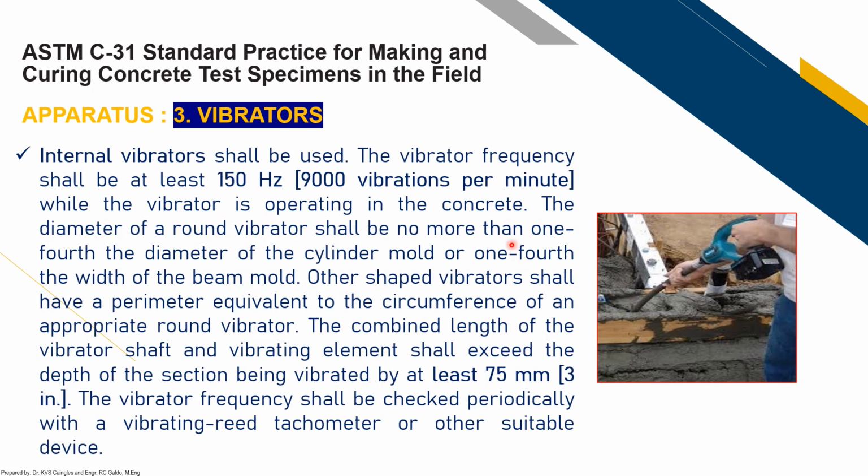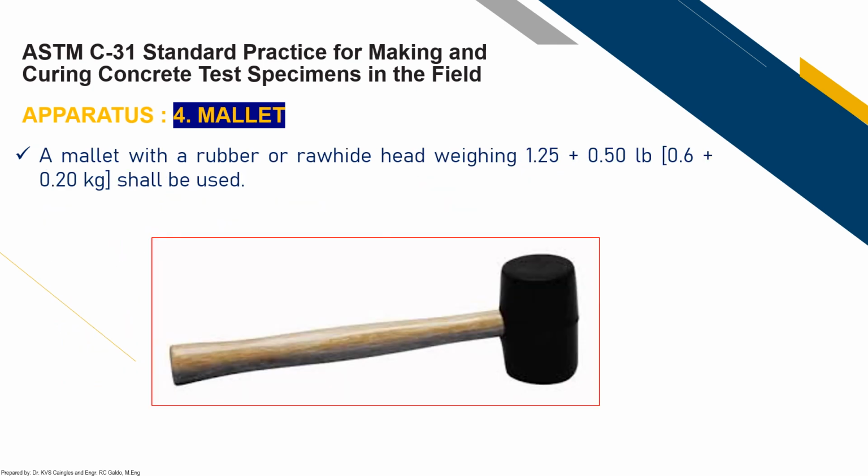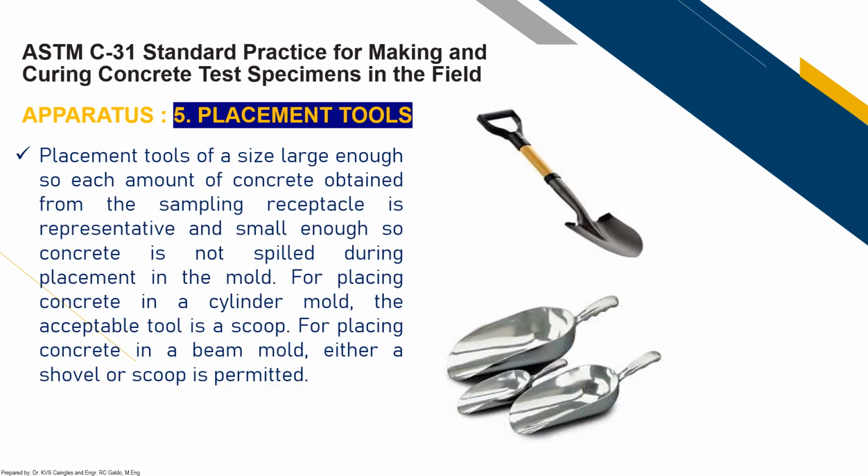And also for consolidation tools, we use a vibrator here, so we don't use a rod. The frequency of the vibrator is 9,000 vibrations per minute. Next, it's the same for the rubber mallet, and also your placement tools, which include your shovel and scoop, which you use to fill your molds with the concrete mixture.